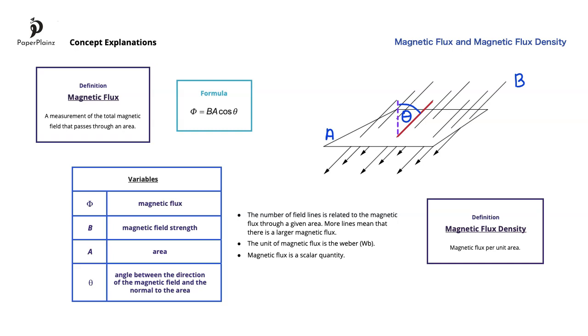From the definition, it logically follows that the unit of magnetic flux density is Webers per meter squared. Magnetic flux density is a vector quantity, and it is numerically equivalent to the magnetic field strength. Since the Tesla is the unit of magnetic field strength, 1 Tesla is equal to 1 Weber per meter squared.